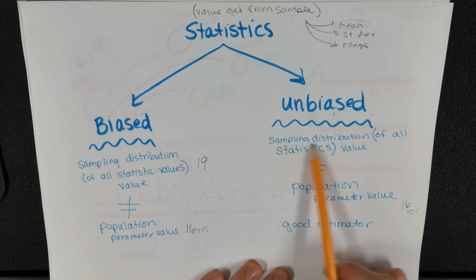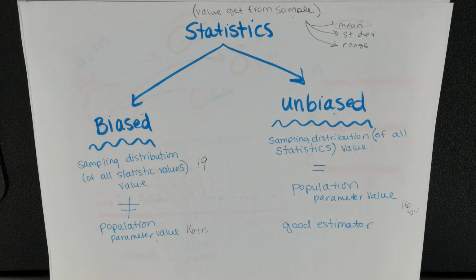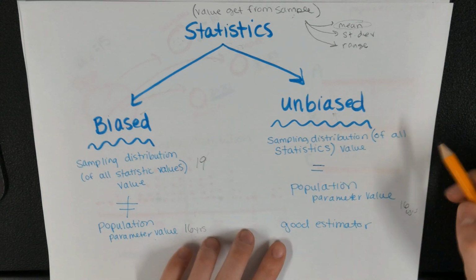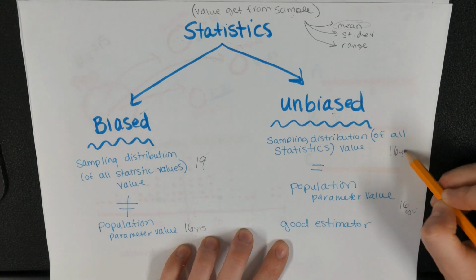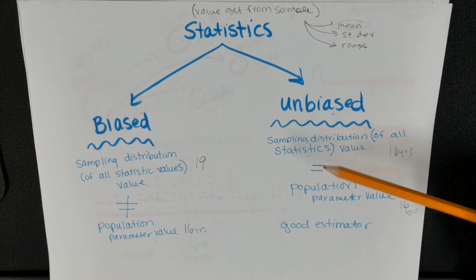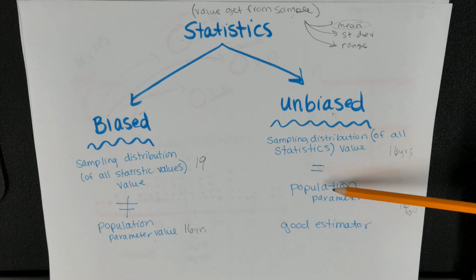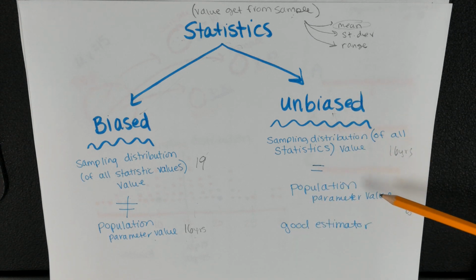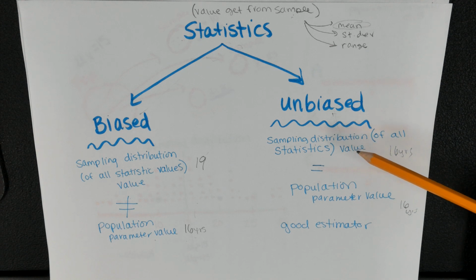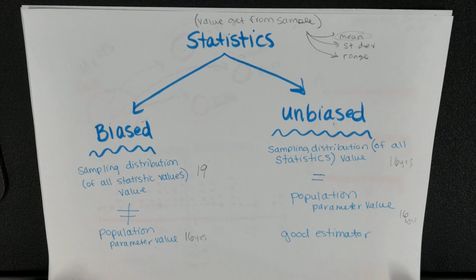If you take a sampling distribution and you find the mean of all your different possible statistic values and these two things match, then you have an unbiased statistic. We want unbiased statistics because they are a good estimator of the population. Sometimes you might not know the population value, but you have a sampling distribution, and so you're like, oh, I can predict what the population looks like, and that's where we're kind of going with this.